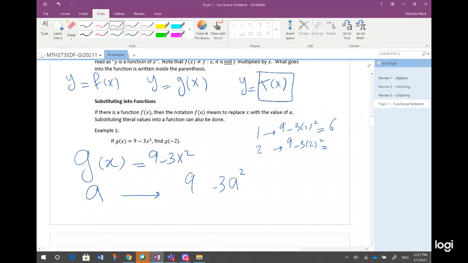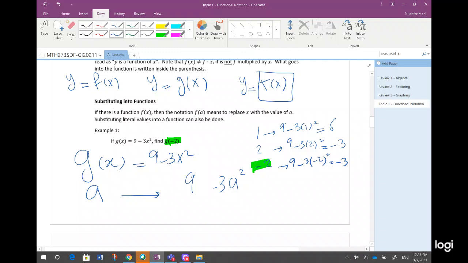Which is minus 3, right? So, how about if I substitute minus 2? Same thing, 9 minus 3 times minus 2 squared, which is 4, 3 times 4 is 12, and 9 minus 12 is minus 3.